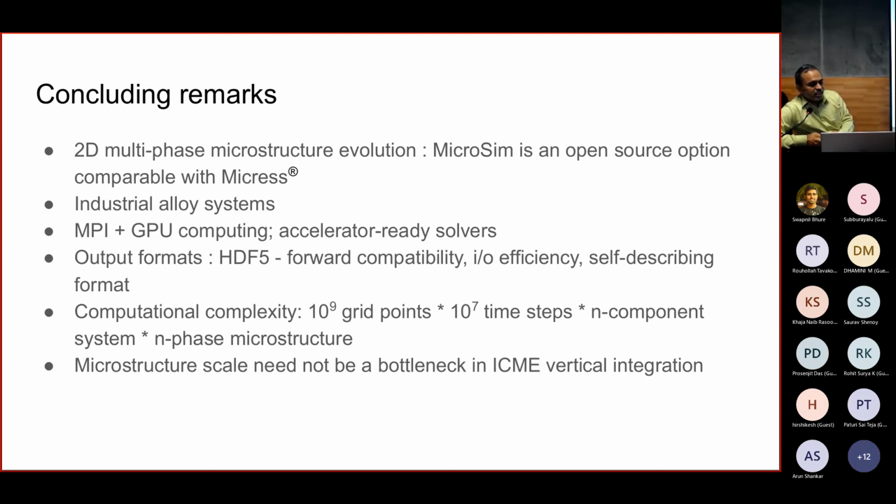So one length scale at which there is a big problem is the microstructure length scale, because there the microstructure solutions are very, very time consuming. And what we now can say is that it need not be a bottleneck. It was a bottleneck earlier. It need not be a bottleneck, because with the kind of scaling that is available, you can actually do it as fast as you have the computational power at hand.